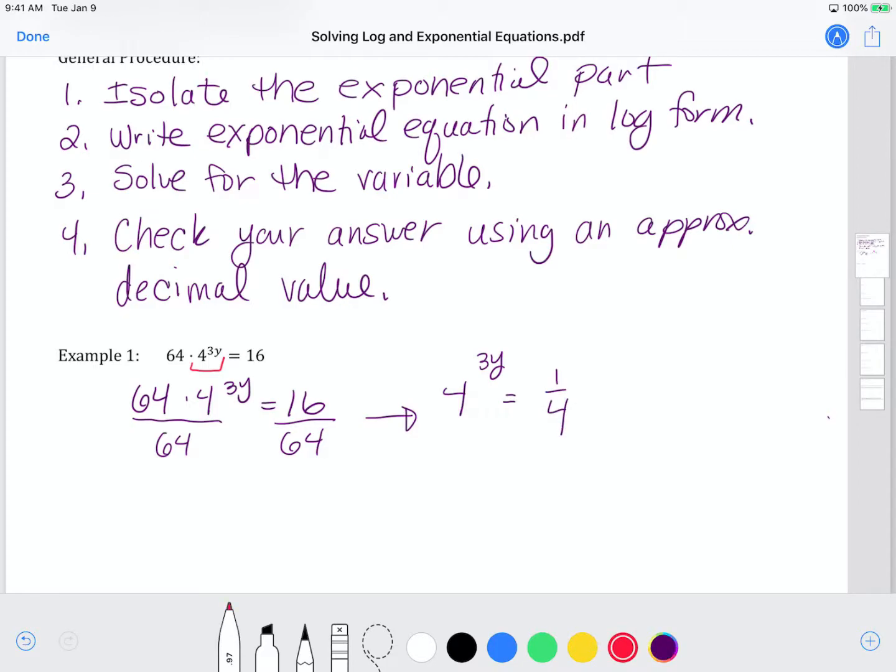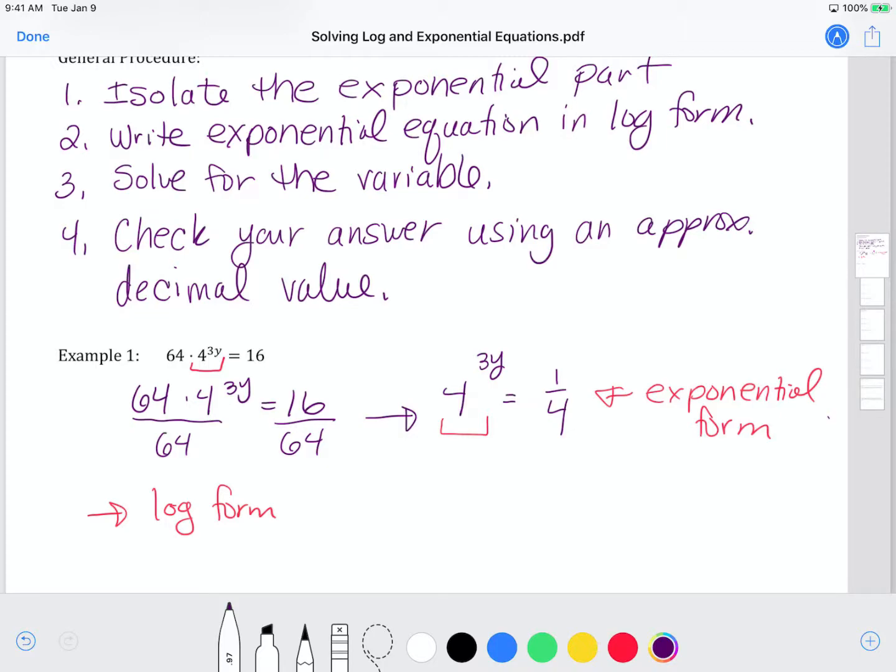Okay, so now if you notice, I have the exponential part by itself. Once I get it by itself, then I'm going to put this in log form. Right now it's in exponential form. Let's make a note of that. This is exponential form. And we're now going to put it in log form. So I'm going to rewrite it.